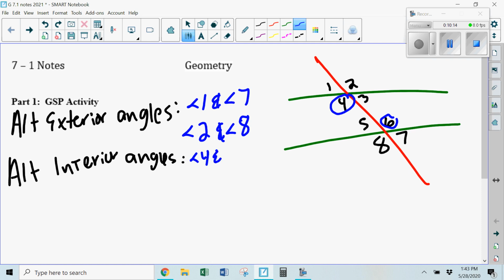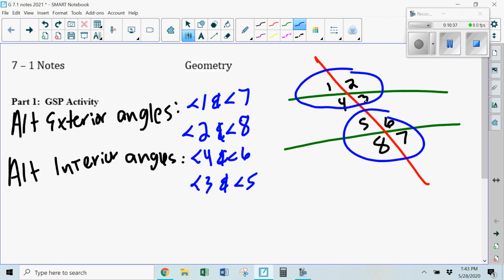Angle 4 and angle 6. And then also angle 3 and angle 5. Remember, we always pick 1 angle from the top 4 and 1 angle from the bottom 4.